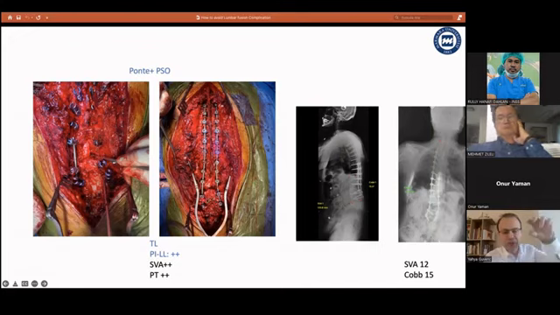We filled all of the holes with bone graft and we put new screws in here, but 5 months later, we see pullout here, pseudoarthrosis here.